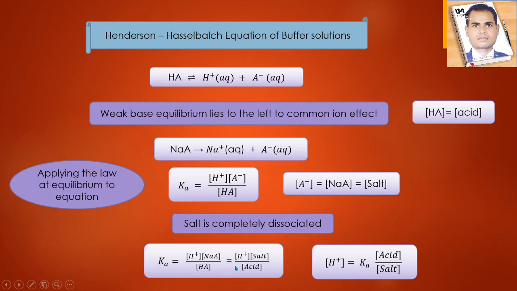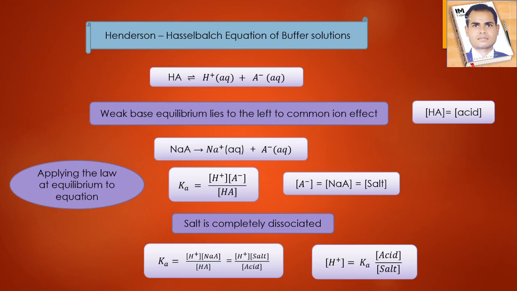We arrange the equation so that H plus goes to the left-hand side and Ka to the right-hand side, giving Ka times the concentration of acid divided by the concentration of salt.